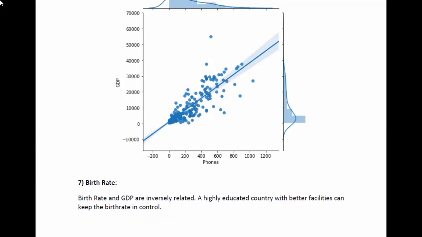So it's a very valid, understandable point that if the country is developed and has better economy, the people who are in that country are literate and they would like to use more technology, which is a small representation is phones here. So hence, more technology usage and more phone usage is there in countries which have higher GDP, so it's positively correlated.